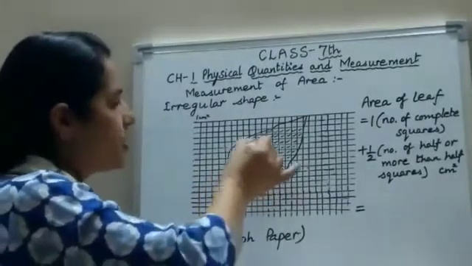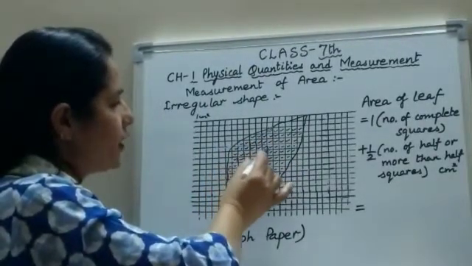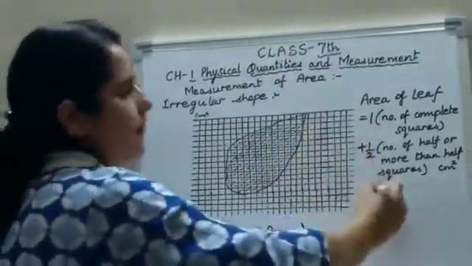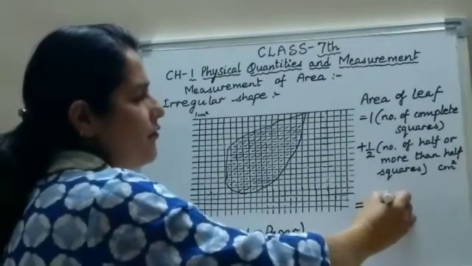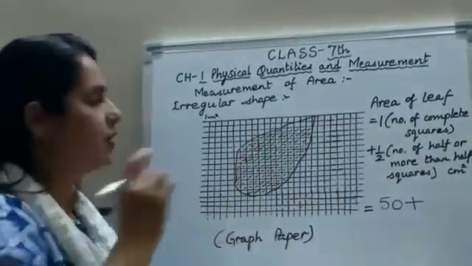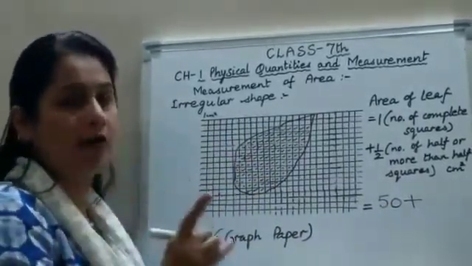Only the number of complete squares. See the squares complete: 1, 2, 3, 4, 5, 6, like this. Suppose we have 50 complete squares. So this becomes 50. Plus, now you will count the half squares and more than half.